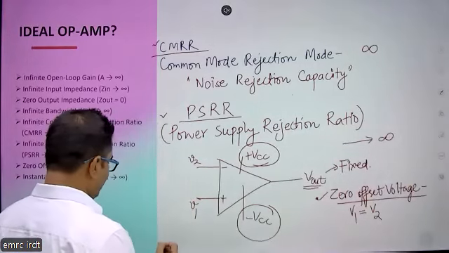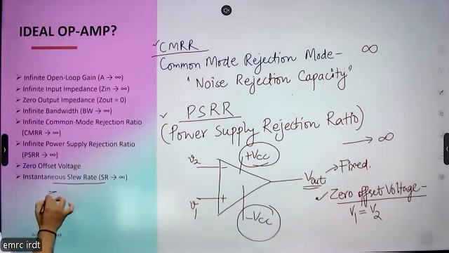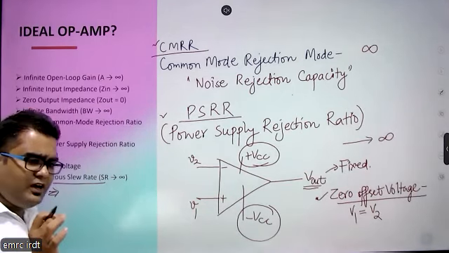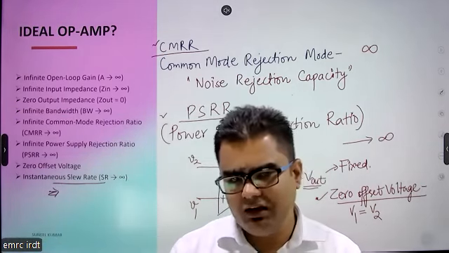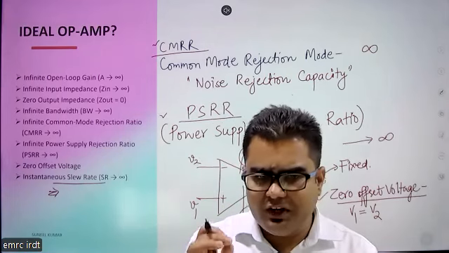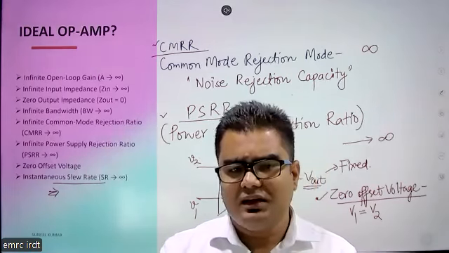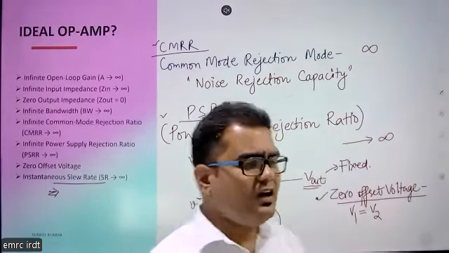Then we have slew rate. This is a very important term to understand. Slew rate means that if we make any change in the input signal, it must be reflected at the output also, instantaneously.